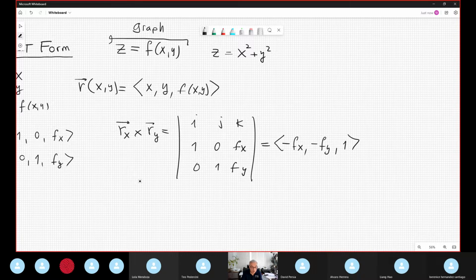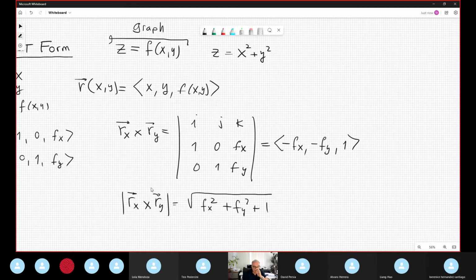If you want to compute the magnitude of this vector, exactly like the equation we studied before, the magnitude is equal to the square root of the sum of each component squared: fx squared, because the negative doesn't matter when you square it, plus fy squared, plus 1 squared, which is 1.